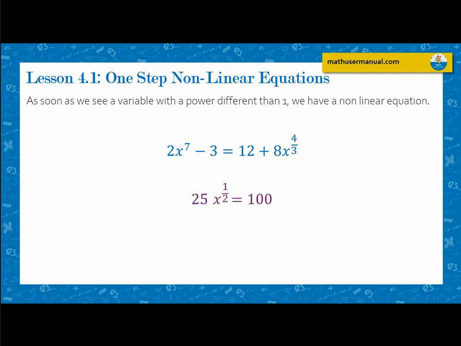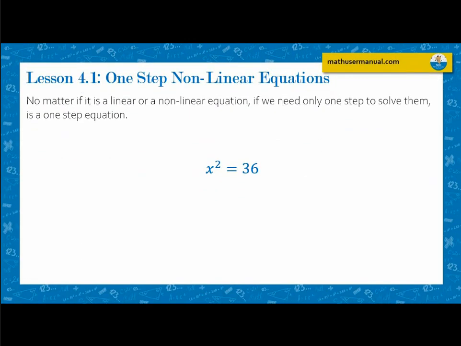And now this x is to a power different than 1. Well, it was always to a power different than 1, but now we can clearly see it, which means this is also a nonlinear equation. And since we have identified what nonlinear equations are, let's learn how to solve them.